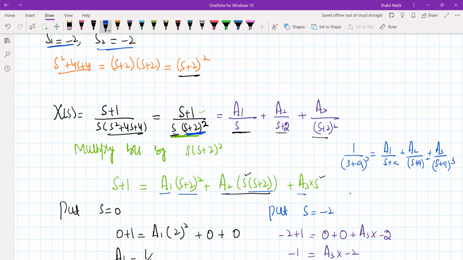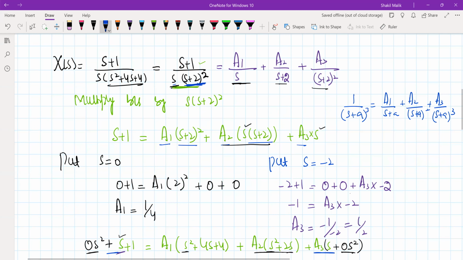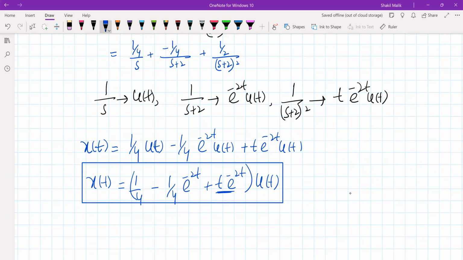This time we have repeated roots, so there will definitely be the term S plus 2 whole square. Whenever you have a square term, there will be t involved. Always remember that. So when we have a term like 1 by S plus a whole square, it will be t e to the power of minus at u of t.